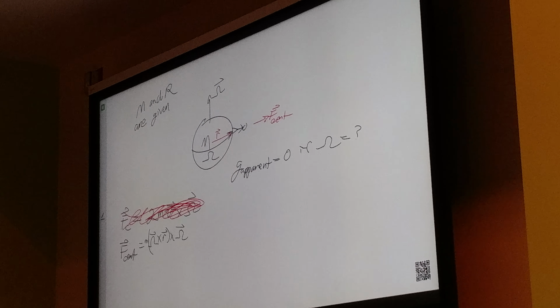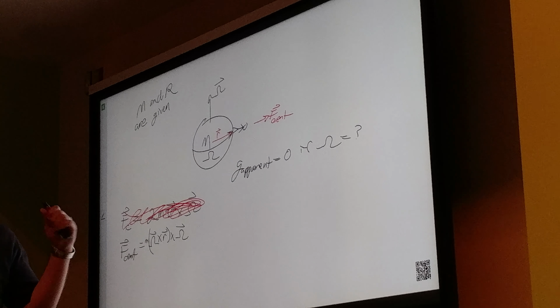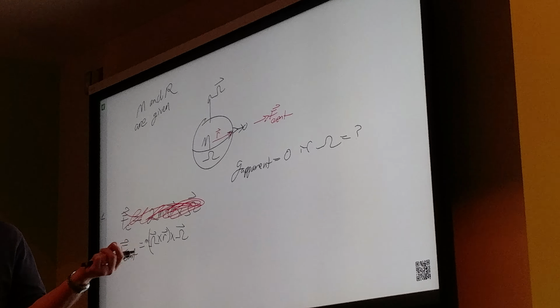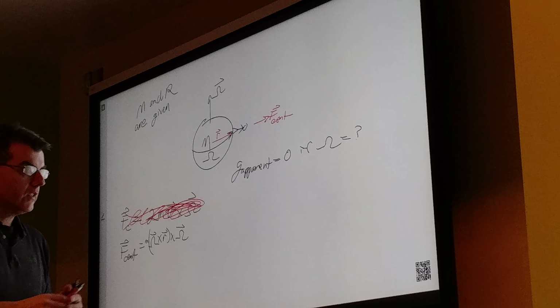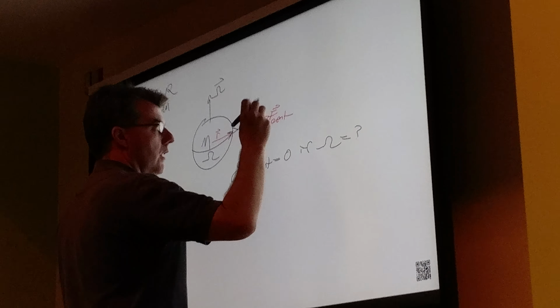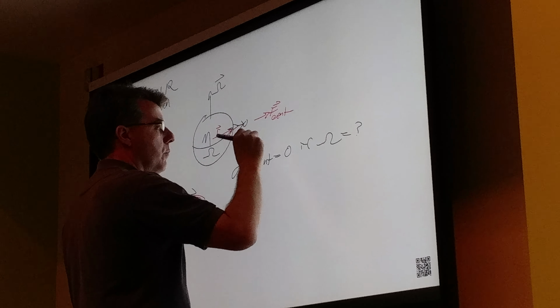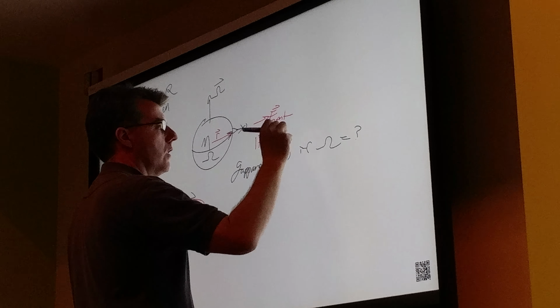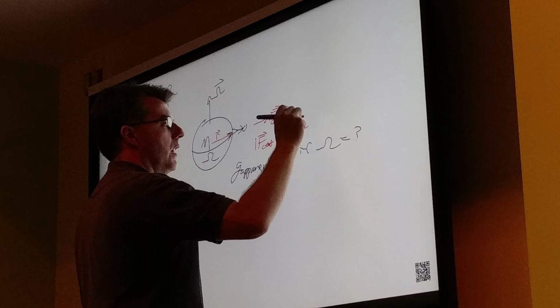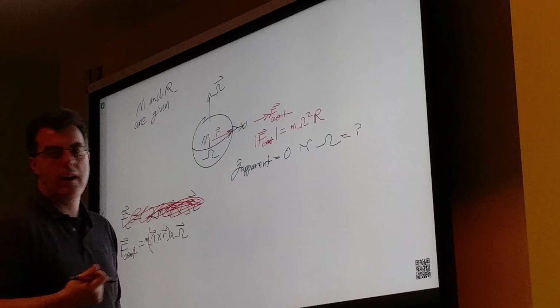Okay, so let's see. In this triple cross product here, what were all of the angles between vectors when we took the cross products? 90. So all the sine theta factors were just 1. So looks like the magnitude of the centrifugal force is just m omega squared r, right?